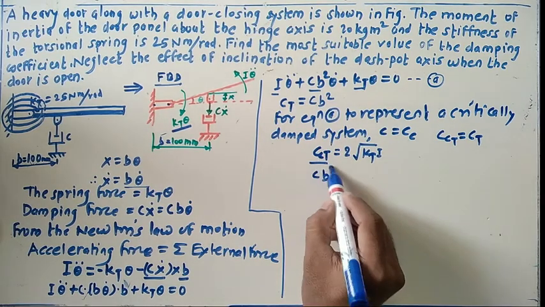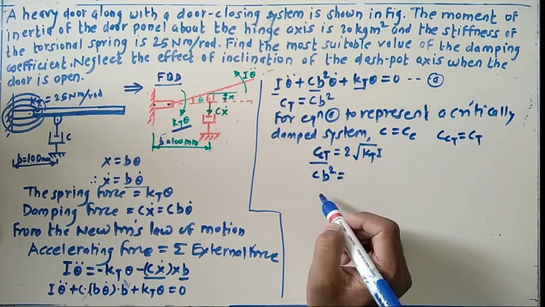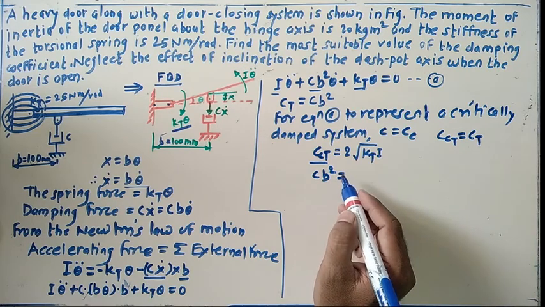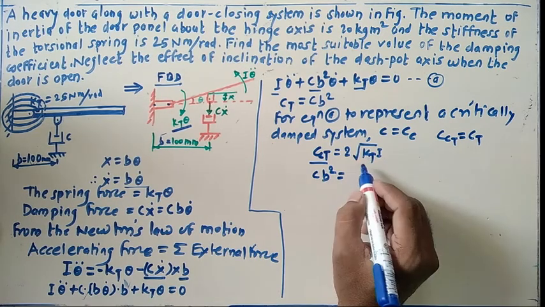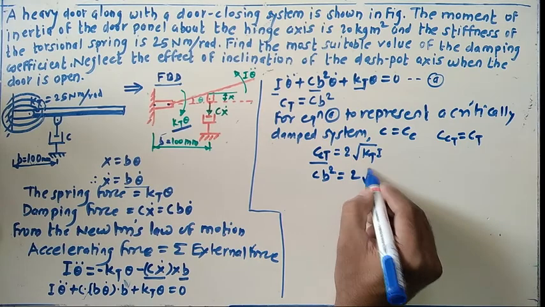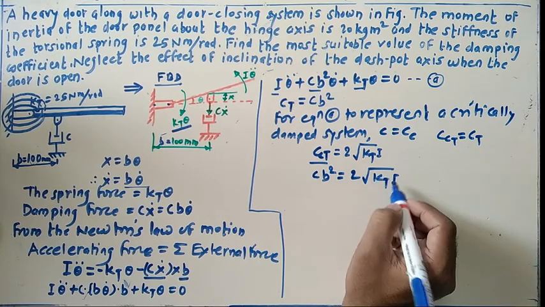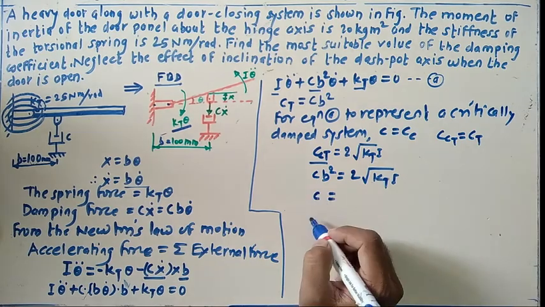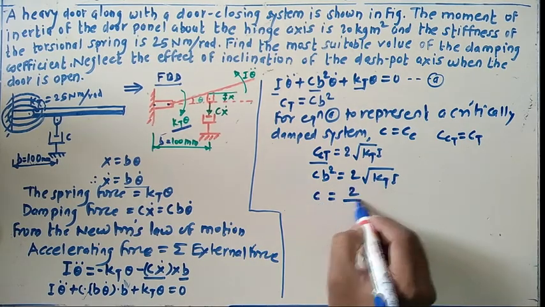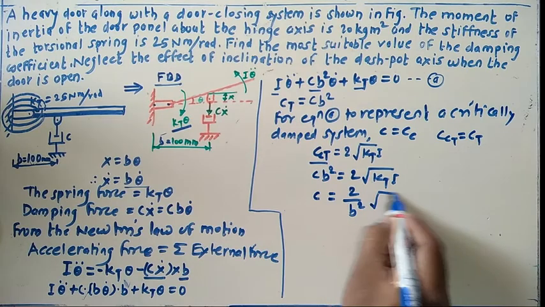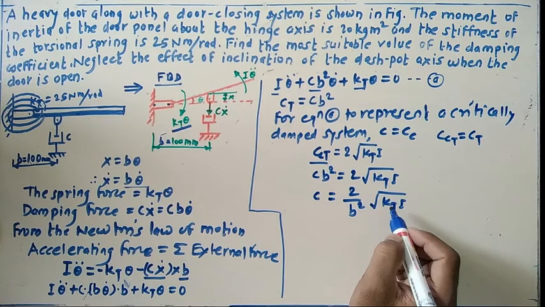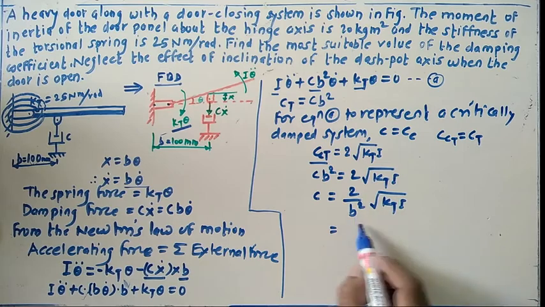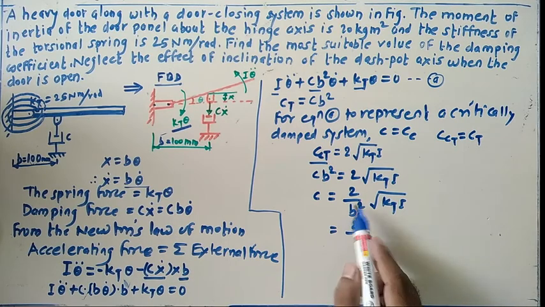So CB square equals, okay, CB square into 2 into square root of KT into I like this one. So what's about this C? C is nothing but 2 divided by B square into square root of KT into I. Already these terms with us, 2 divided by B square.